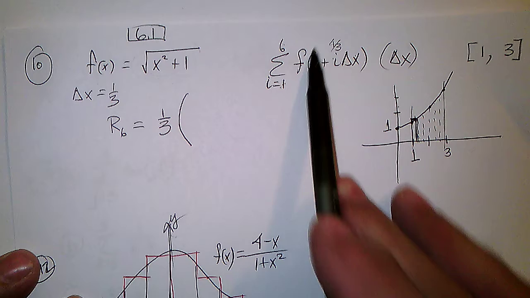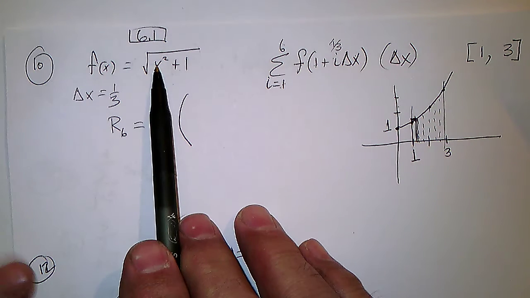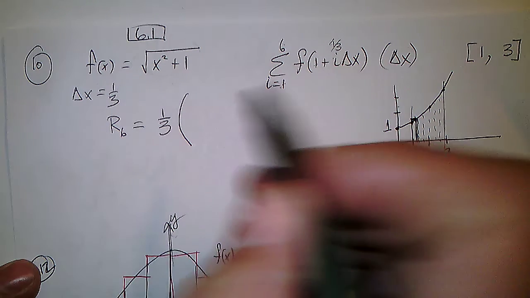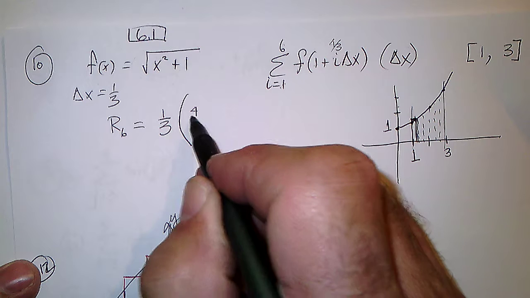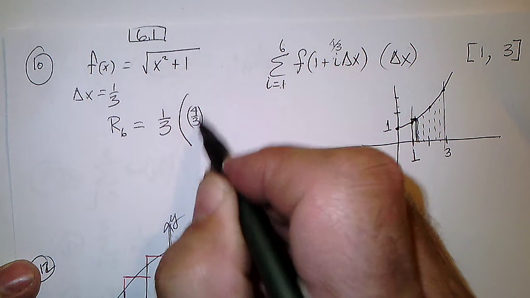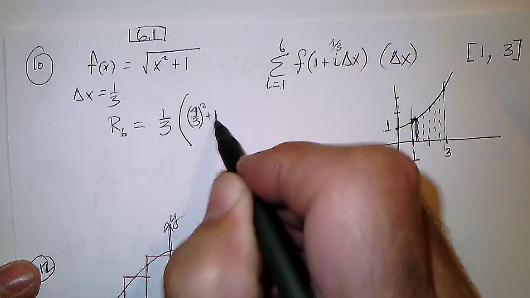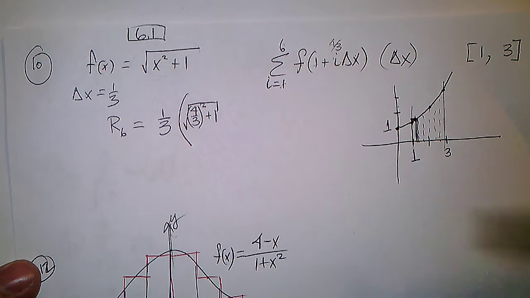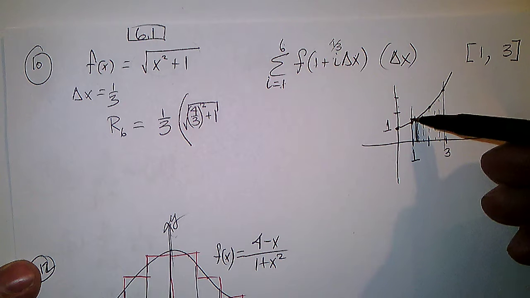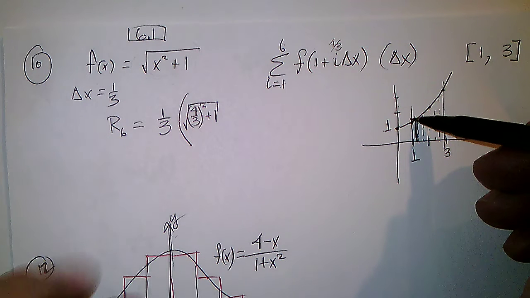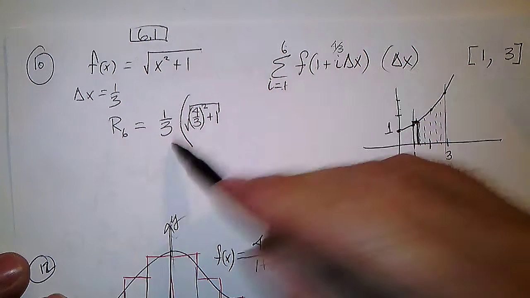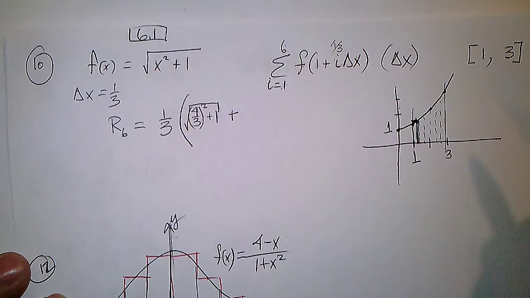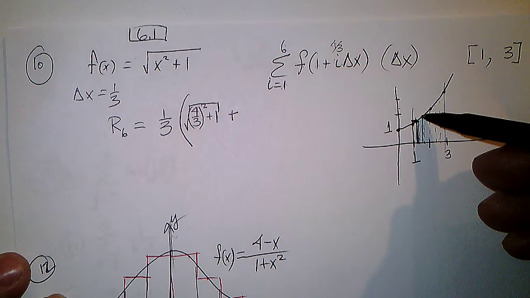If I put 4/3 into the equation, I get the square root of 4/3 squared plus 1. That's my first right hand side height. And that's times 1/3. Then I got to add to it the right hand side of the next one.